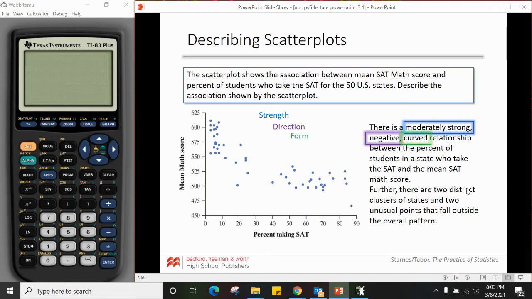And then the form is whether it's curved or linear, or what kind of shape it is. And then the last is the unusual feature. You can see here, this is one big group. Here's another group. And I would say these two points are outlying. So it's giving us a little more context, a little more description of what the scatter plot looks like.